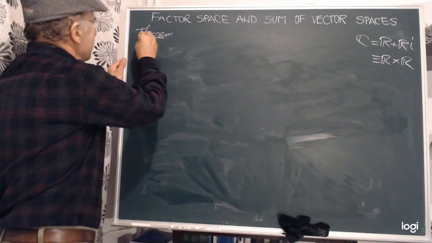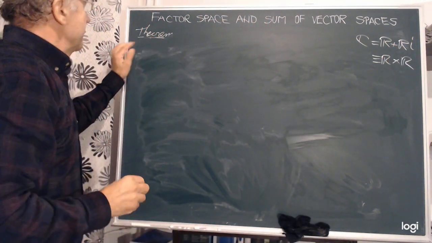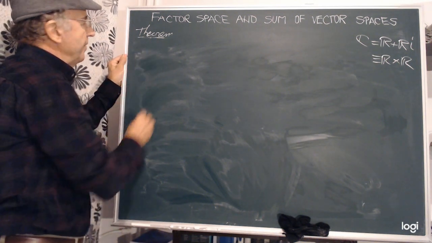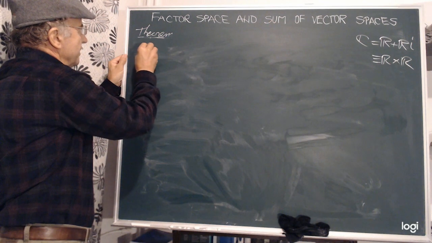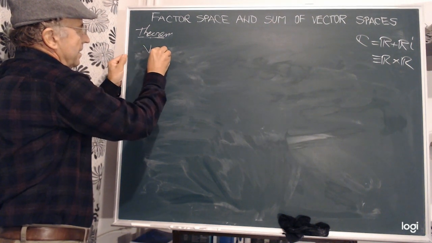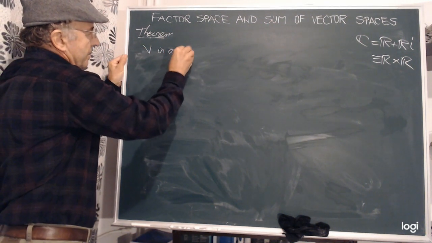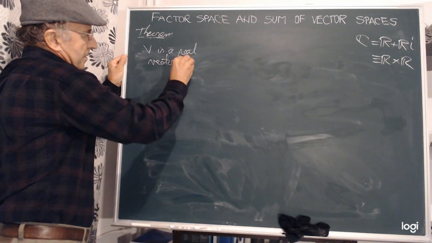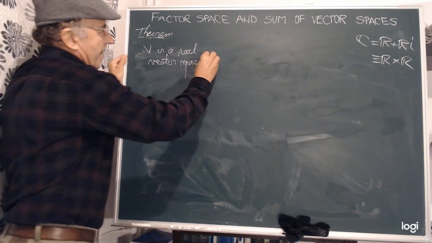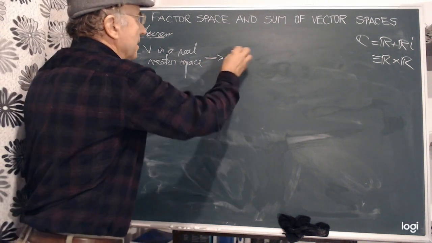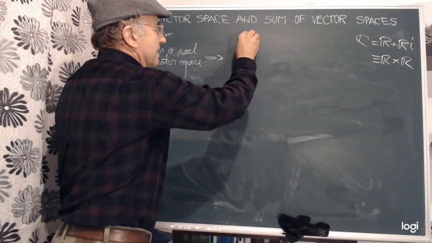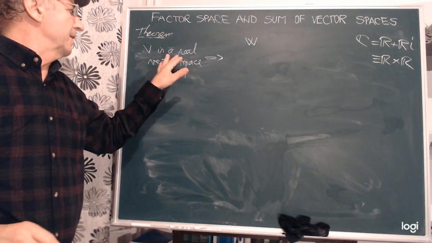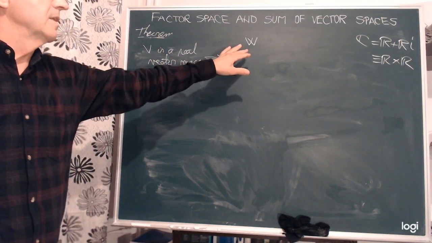But let us present this. If V is a real vector space, then we construct a corresponding complex vector space.